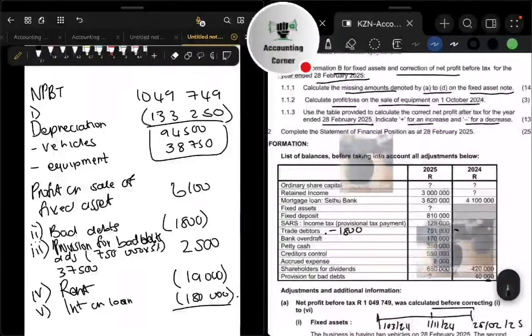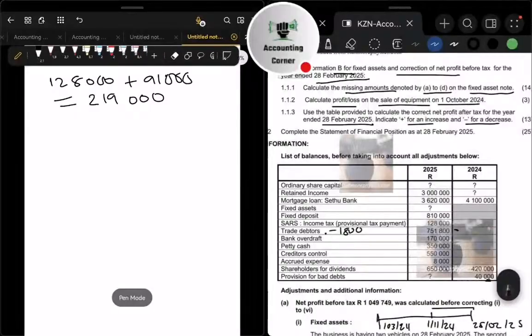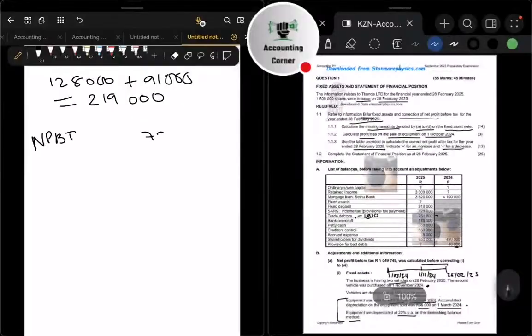We add provision adjustment of 2,500. We subtract rent of 19,000. We also subtract interest on loan of 180,000. And that should give you a total of 724,299. Net profit before tax equals 724,299.